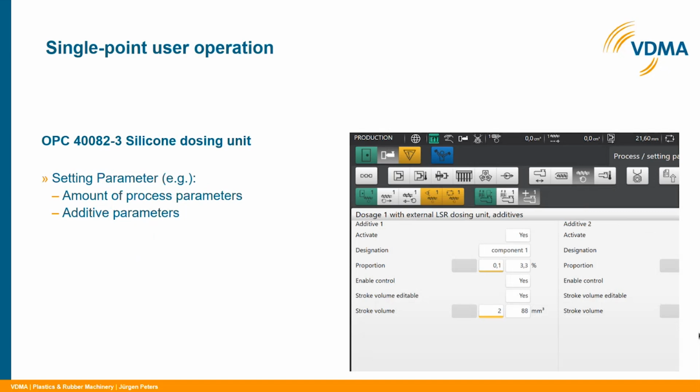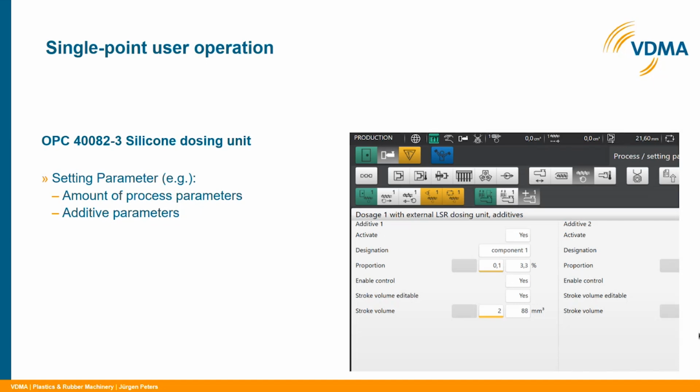In my last example, the third one, we can see the integration of the silicon dosing unit with the 82.3. In the past, we only had a digital I/O interface for a ready signal, an alarm signal, and a trigger signal for starting dosing.